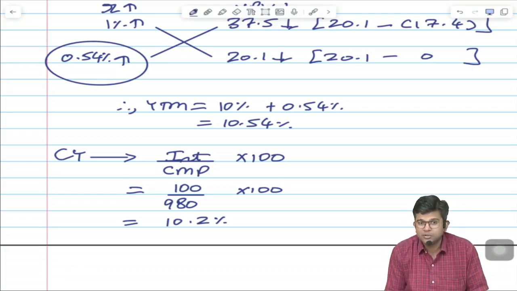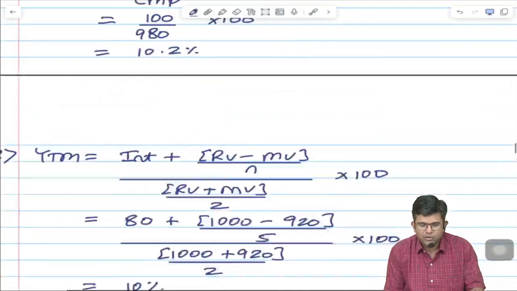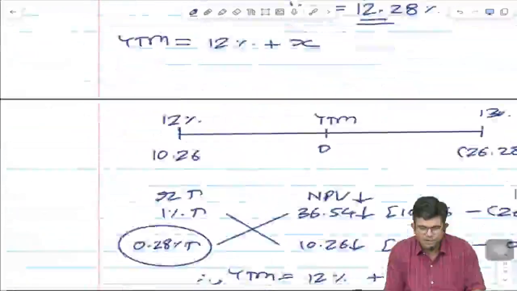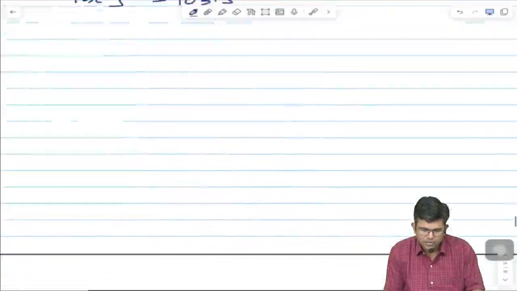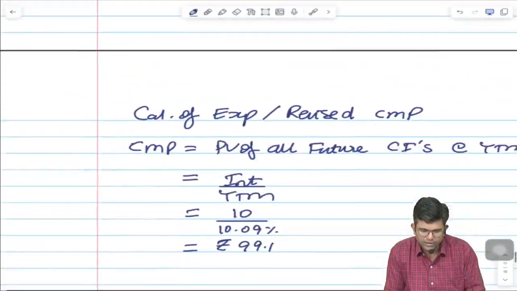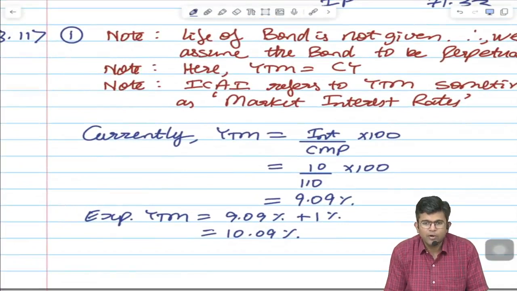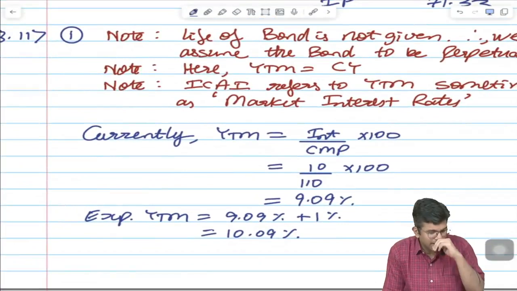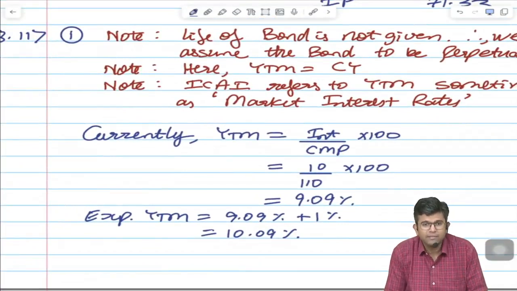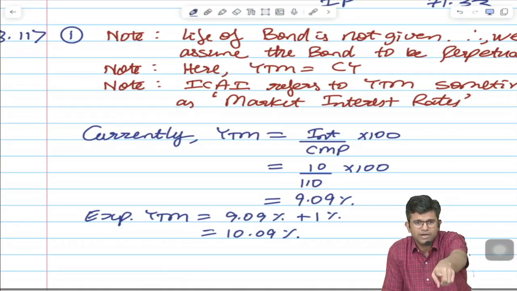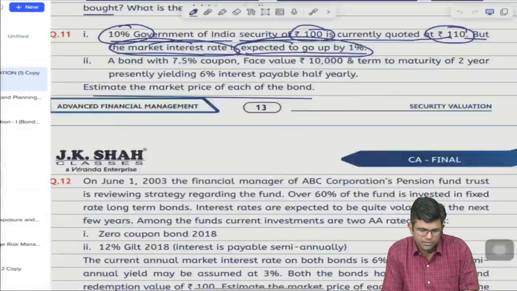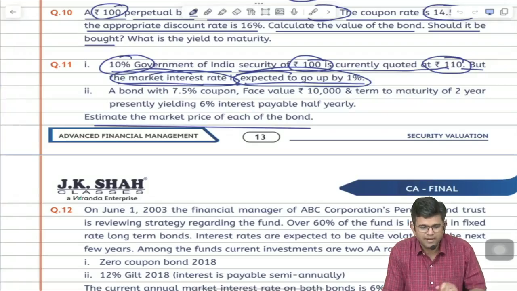Now that you have understood this entire discussion, come back to the question that we were doing. Students, do you realize this particular bond has a current market price of 110, and we figured that out. Read point number 1 of this question 11, please.